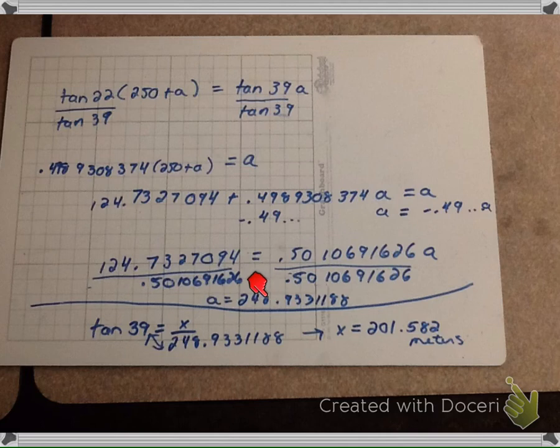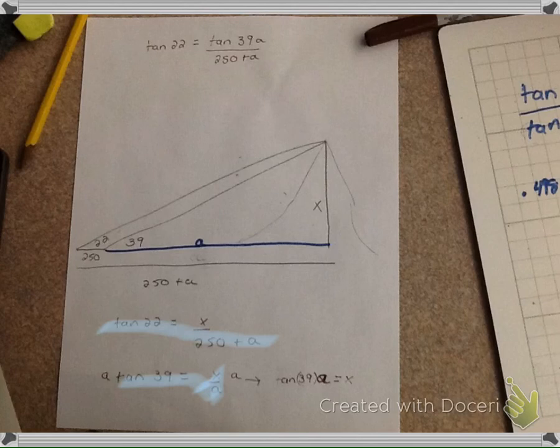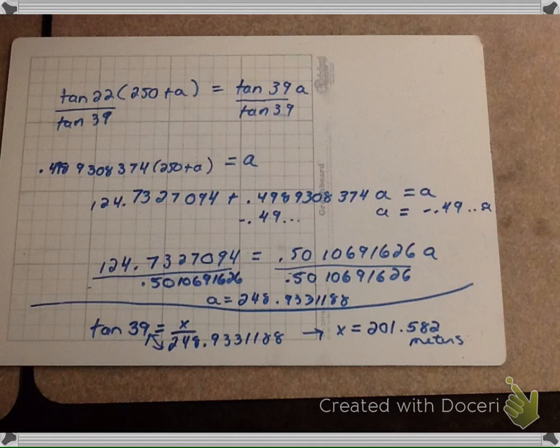So you have to plug that number in for your a on your picture. You have to understand that that's your a. This is a. So now I can set it up with the tan of 39 is equal to the opposite over, I have this value now, so I can plug it in, opposite over 248.9331188.